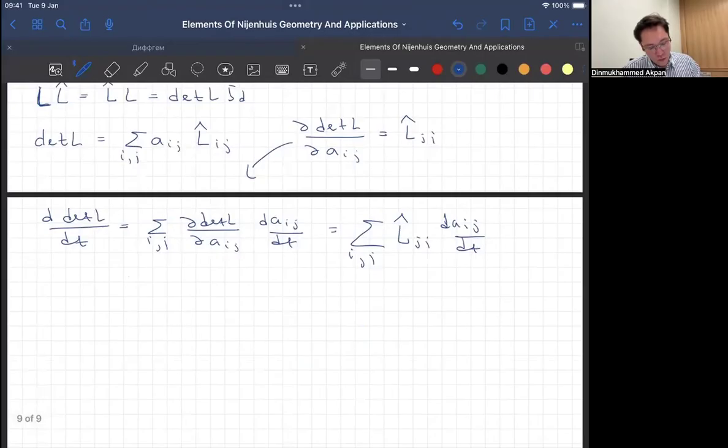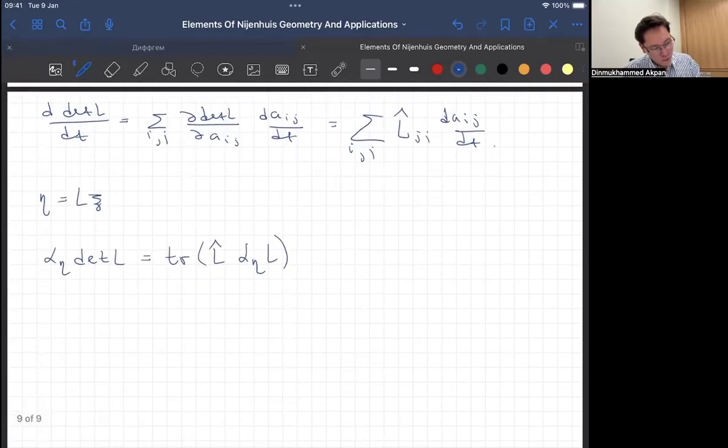The next step is to use this formula. Let eta be L psi. Then the Lie derivative along eta of the determinant of L, let me rewrite this formula once more.